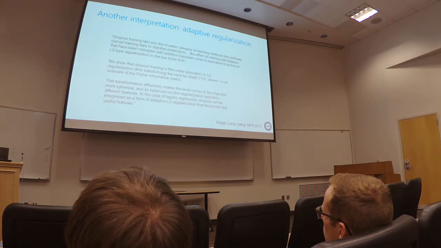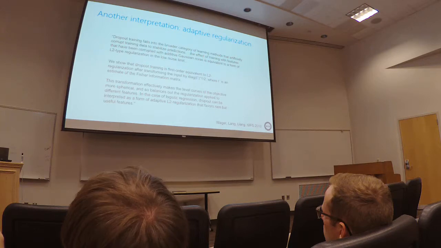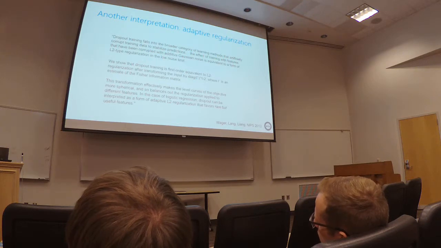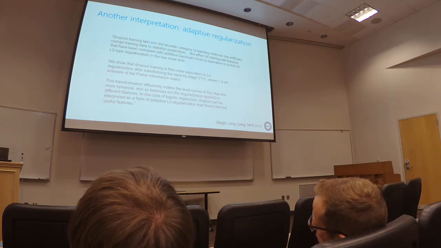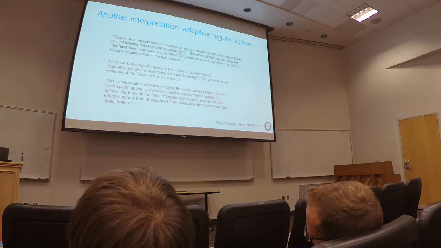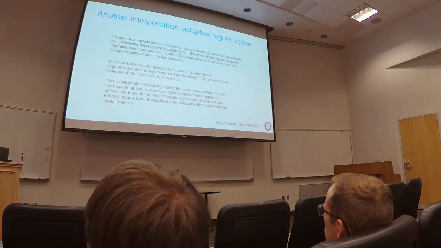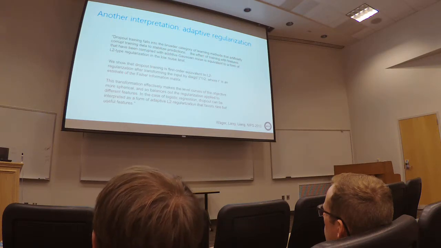I'll just read this to you. Actually, can I have somebody read this? Go ahead. "Dropout training falls into the broader category of learning methods that artificially corrupt training data to stabilize predictions. The effect of training with features that have been corrupted with additive Gaussian noise is equivalent to a form of L2 type regularization in the low noise limit.